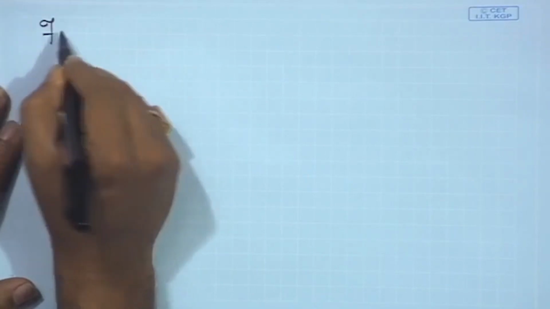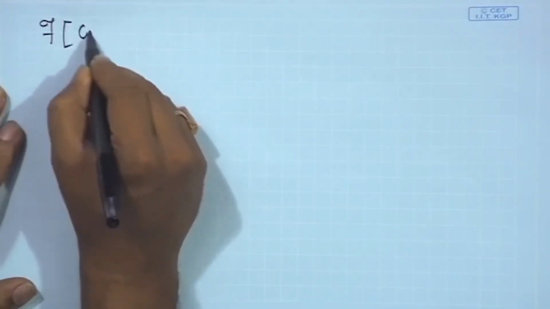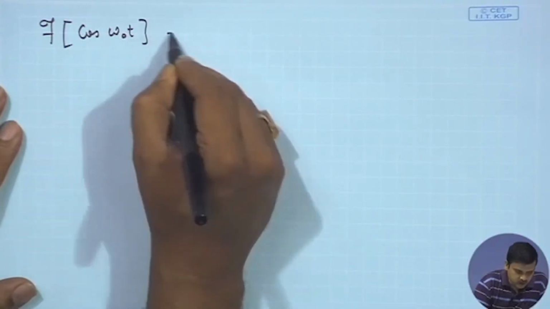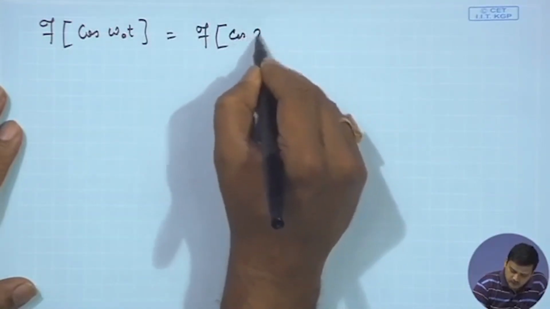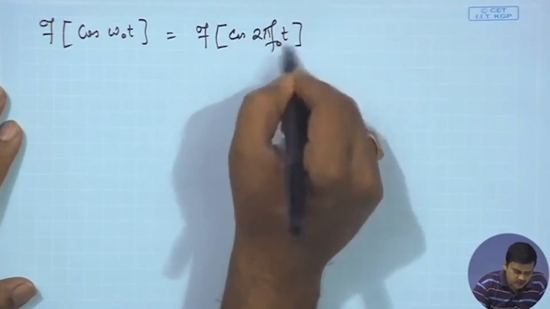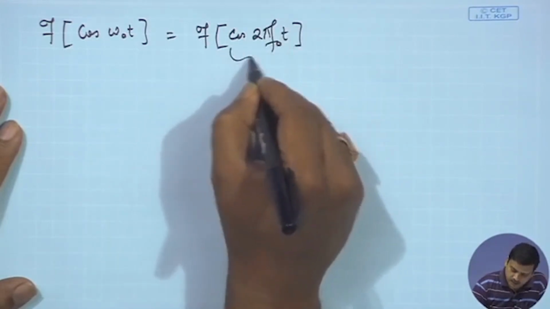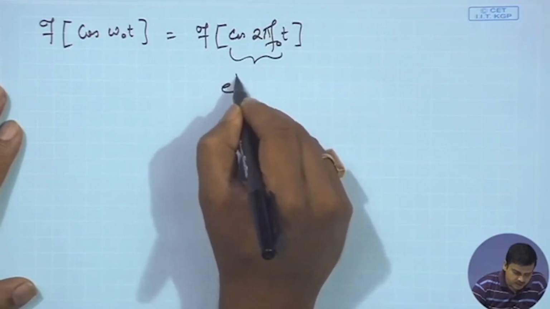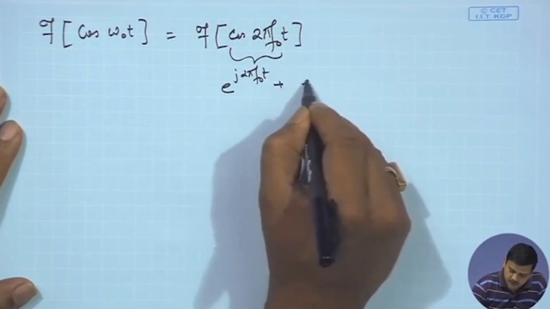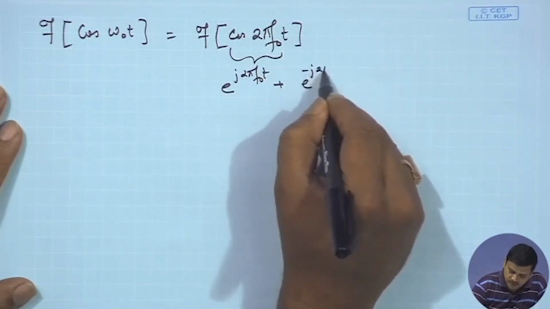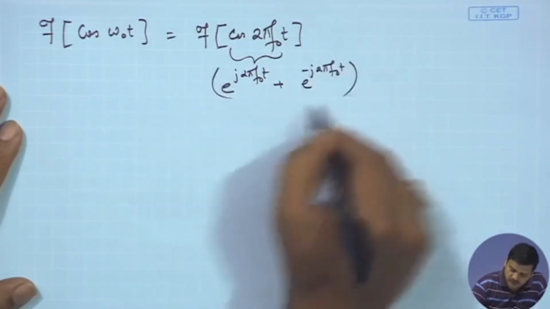Right. So we move further, and we will calculate a few more things which you may be quite aware of: the Fourier transform of cos omega naught t, which is equal to the Fourier transform of cos 2 pi f naught t. This can be written as half times e to the power of j 2 pi f naught t plus e to the power of minus j 2 pi f naught t.